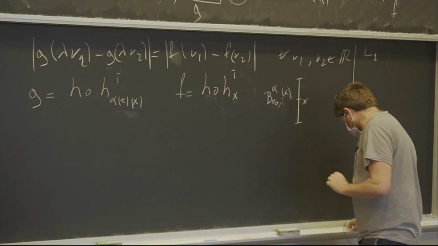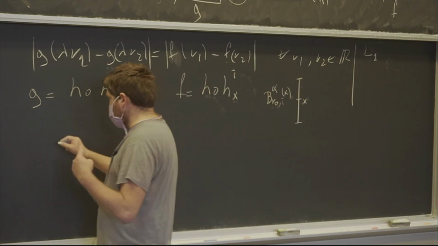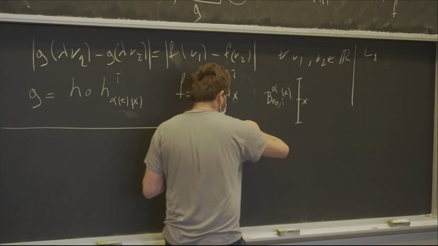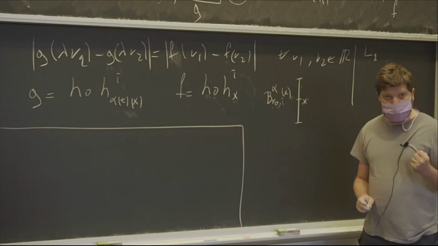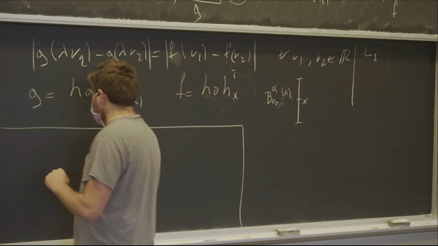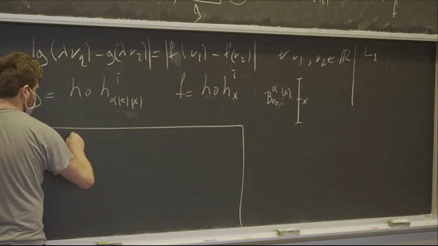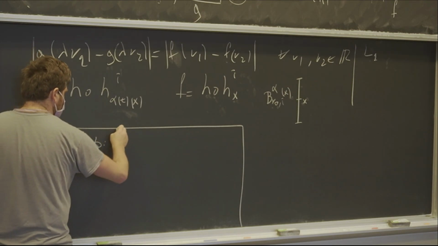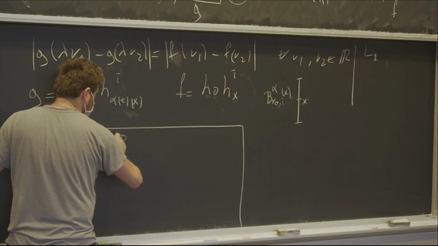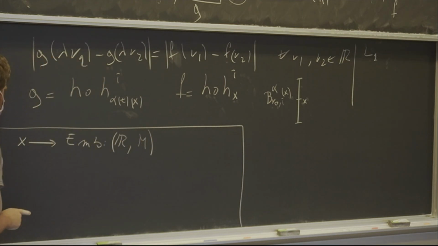I'm happy you addressed that, because this is a very important part on this use of Pesin theory. Okay, it's crucial. So the map is from x into immersions or embeddings of, let me just put directly, R into N. So this is a measurable map.